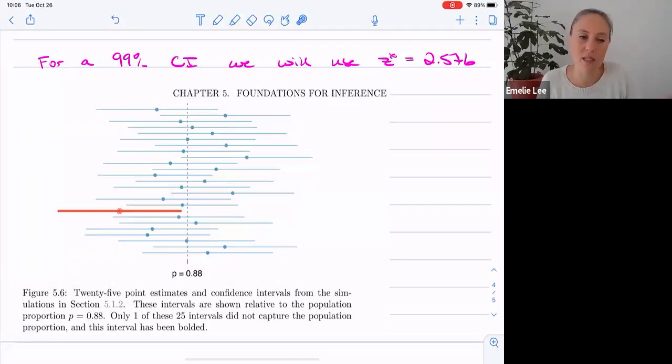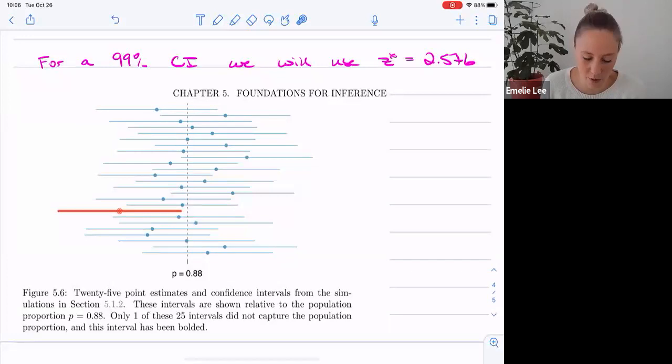But in this case, we're backtracking and asking what these things look like if we knew the population proportion. So here's the population proportion at 0.88, and most of the sample proportions are pretty close to 0.88.